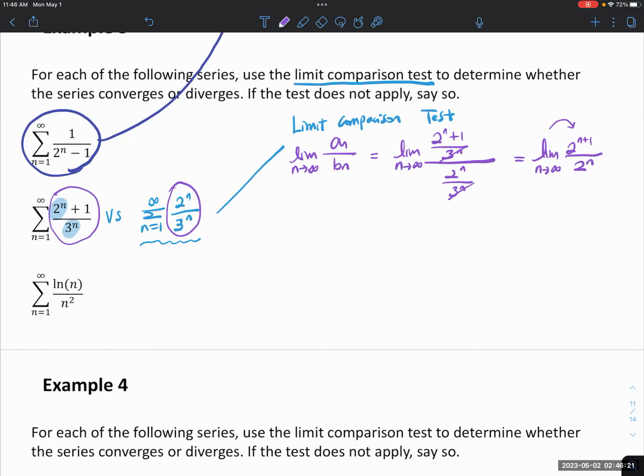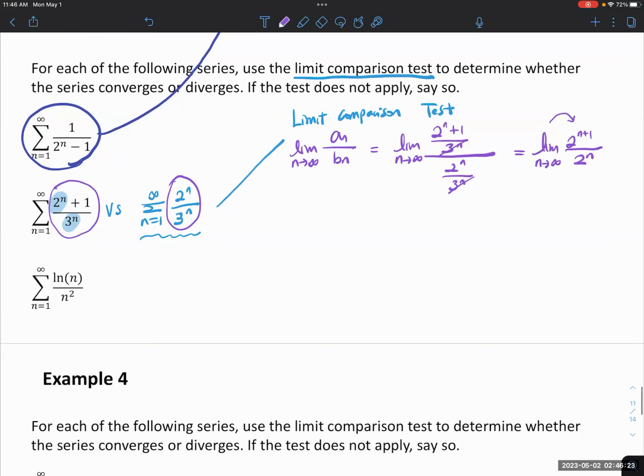Simplifying, 2 to the n plus 1 means 2 to the n times 2, correct? So 2 to the n divided by 2 to the n, and 2 divided by 2 to the n, because I'm dividing by 2 to the n everywhere. So the first term is 1.